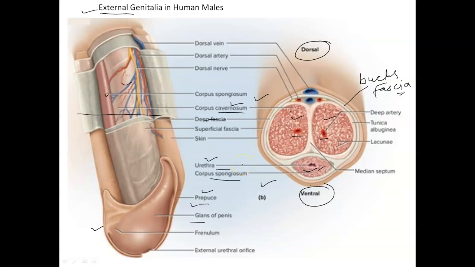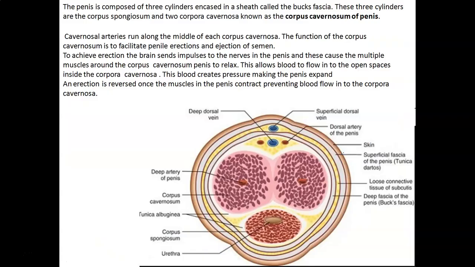And we will see now what the role of these 3 erectile tissues is, because they help in erection of the external genitalia for ejaculation of semen inside the female reproductive tract.